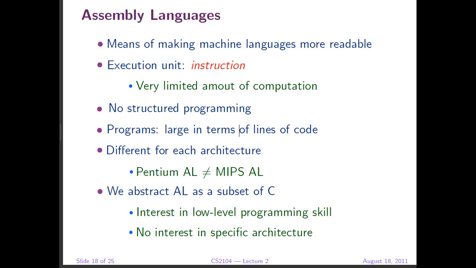All right, so what are they? Imagine that in the beginning, when they were invented in the 50s, they were thought of as a means of making machine languages more readable. Machine languages are sequences of numbers, right?